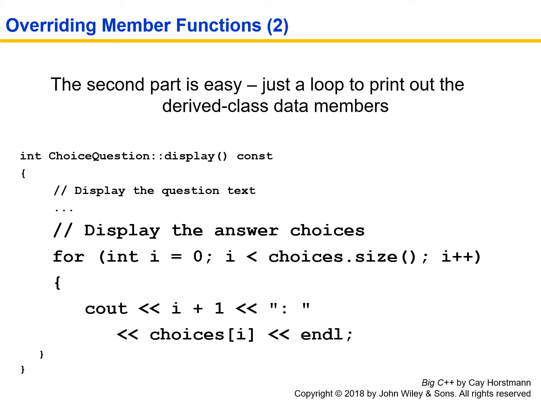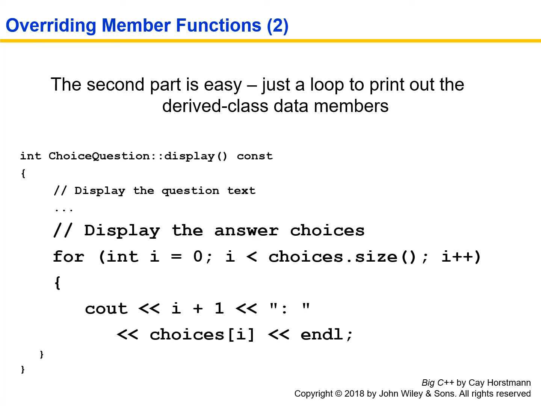Okay, so a good way to start this is to write comments in your display function that say display the question text and then display the answer choices. Then we expand that second comment by saying, well, we just make a for loop that steps through the choices array and prints out the number of the choice, colon, and then the choice text.